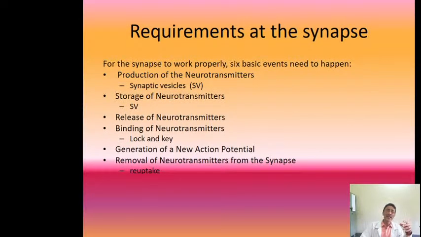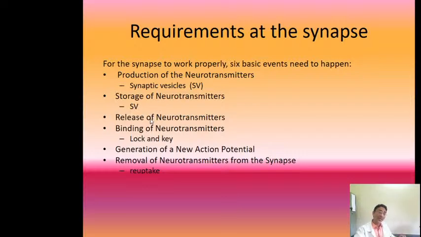Here you will find that for a neurotransmitter to act, there are certain requirements which should be fulfilled before the neurotransmitter is released at the synaptic junctions. First, there should be a synthesis of the neurotransmitter. Second, synthesis of synaptic vesicles. Third, the storage of the neurotransmitters, or entry of the neurotransmitters into the synaptic vesicles.